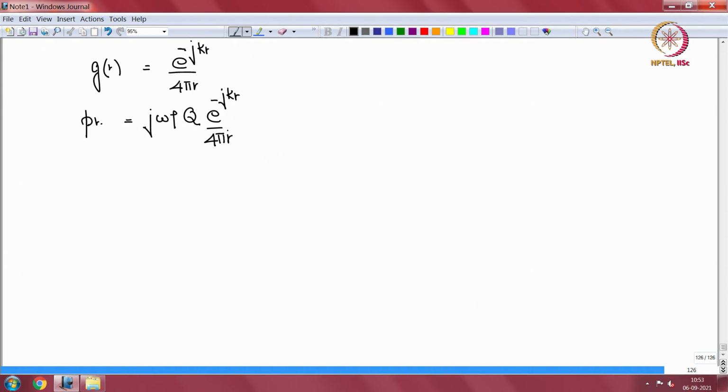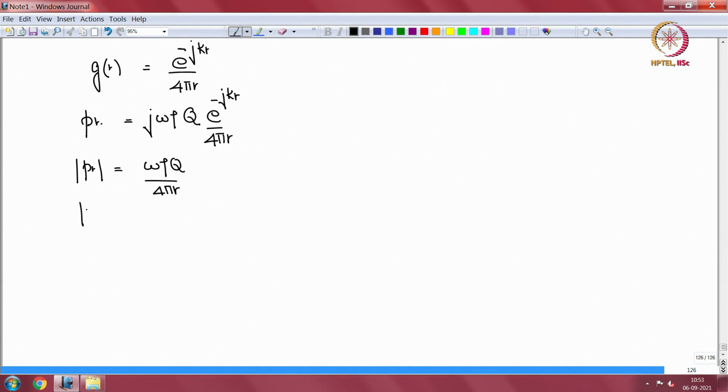So now in order to convert this pressure to intensity, I need first the magnitude of pressure, which is omega rho q by 4 pi r.